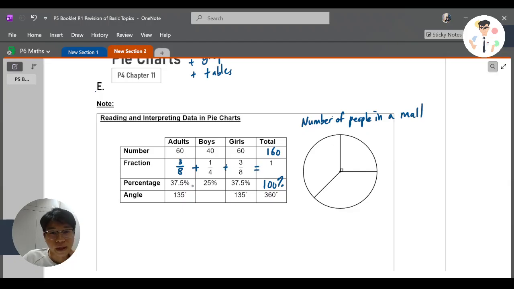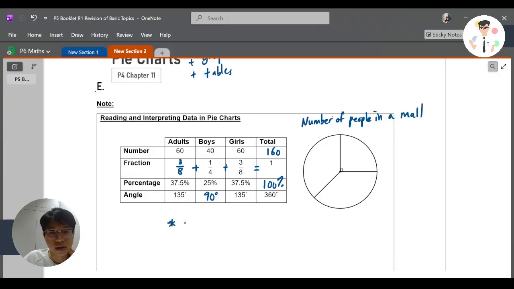As you can see, if it's the same, here all will be the same. The next thing you should notice is that 40 out of 160 is 1 out of 4. And 1 out of 4 is actually 25%. And in angle, 25%, or 1 out of 4, is always 90 degrees. Okay? So these are some of the parts that you need to know.